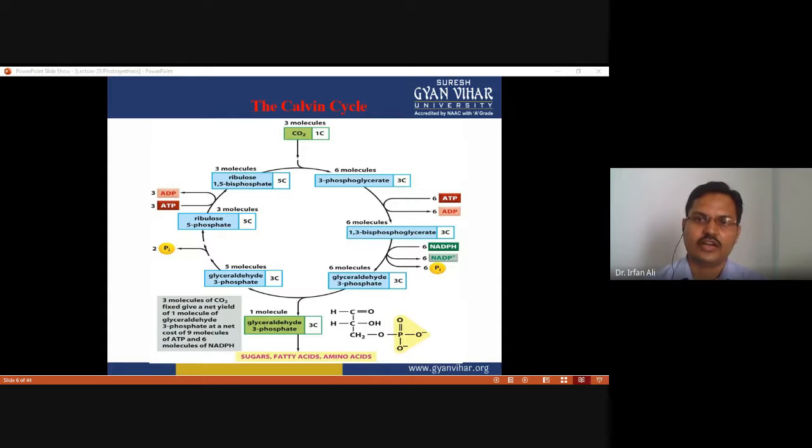So during this reaction the phosphate is released. Because there are 6 molecules of 1,3-bisphosphoglycerate, 6 phosphate molecules are released.